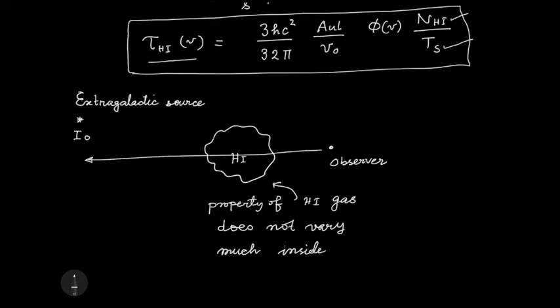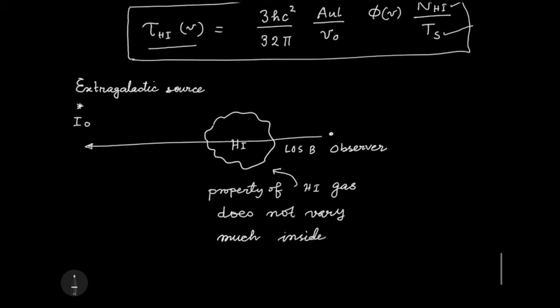Inside means inside the gas. So I look at this as a point source. If I look a little bit away from this source, I can look, for example, in this direction. So this can be my line of sight. Let's call this line of sight B.